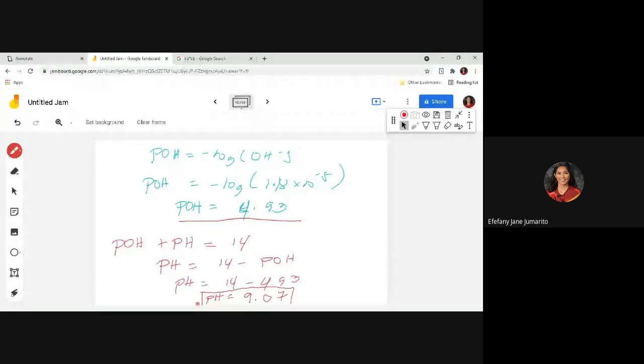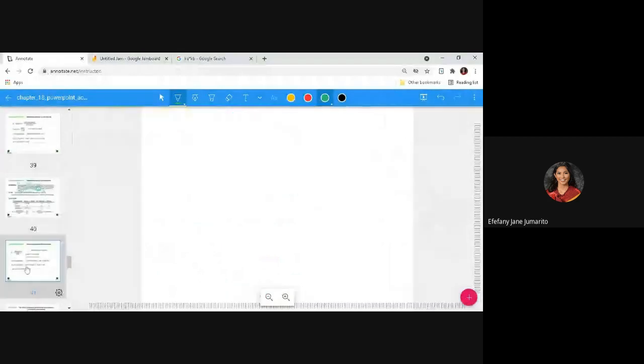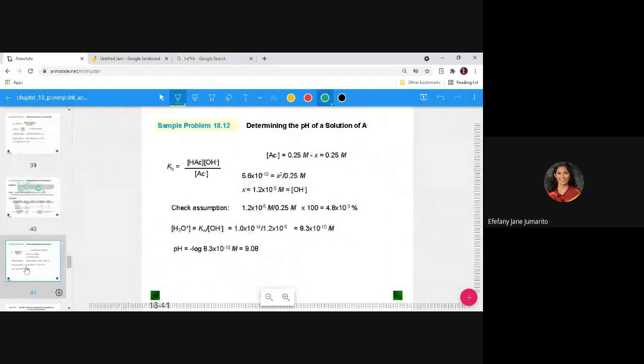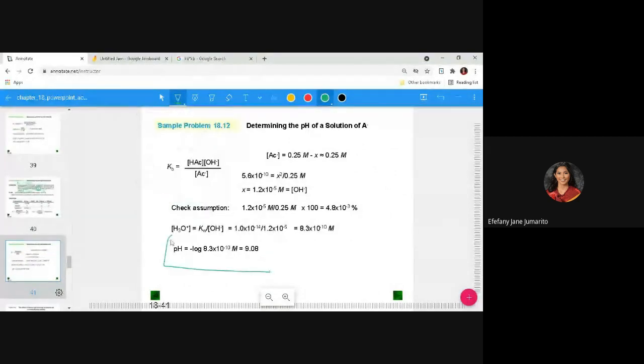Is it reasonable? Yes, ma'am, because it is a base. Yes, it is basic. So the final answer is pH is equal to 9.07.